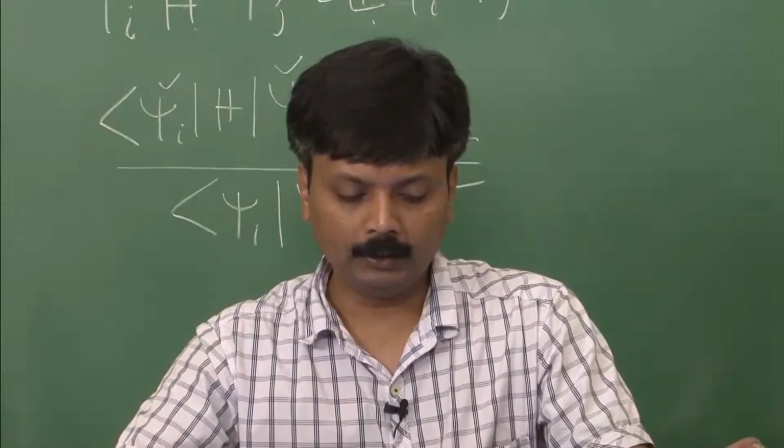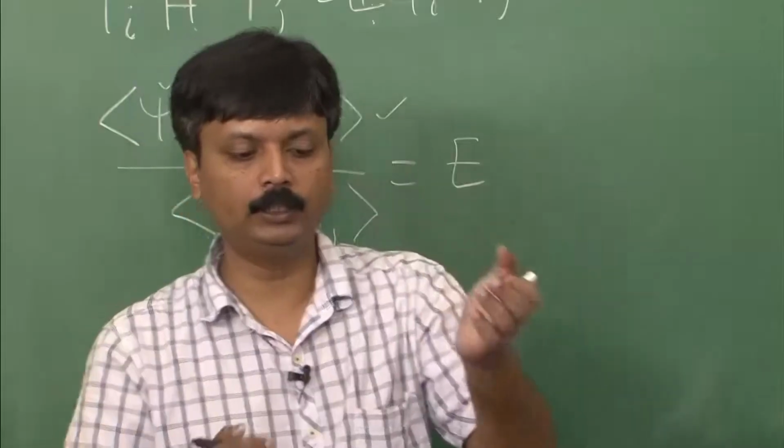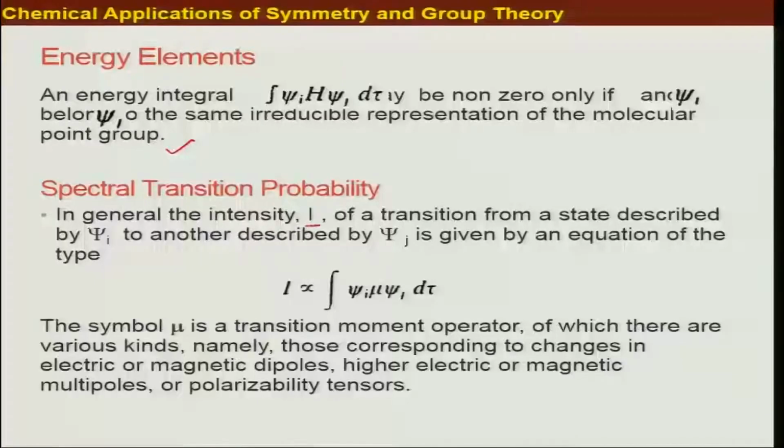If the ground state and the excited state are described by two wave functions psi i and psi j, then the intensity of this transition, denoted as I, is given by this integral. Okay, so this is called the transition moment integral.